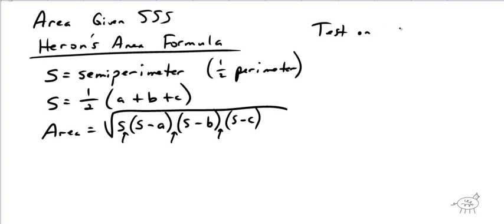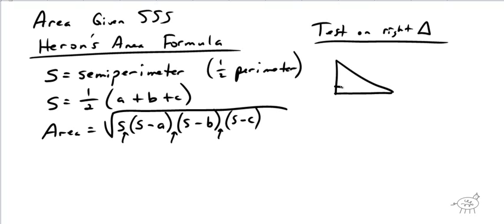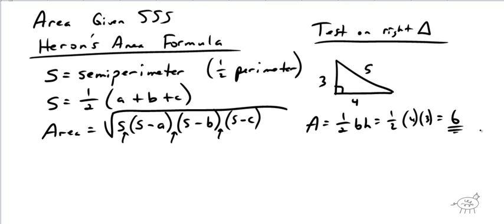Test on a right triangle. If I give you a right triangle, and this is a 3, 4, of course this is a 5 triangle, right? You guys know the area formula is 1/2 base times height, so 1/2 base is 4, my height is 3, so it's 6 square units.